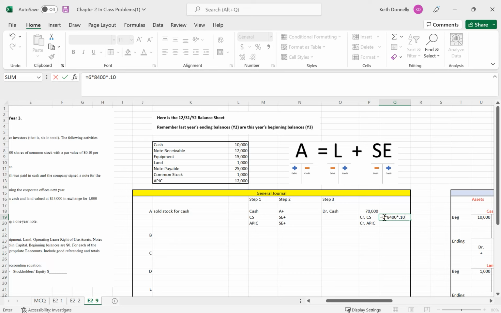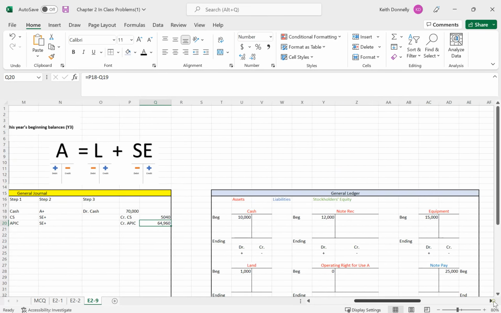So 6 people, each of them got 8,400 with a 10-cent par value, equals 5,040. Then if we do the 70,000 minus the 5,040, we're going to have 64,960. In other words, we can plug this APIC right here.